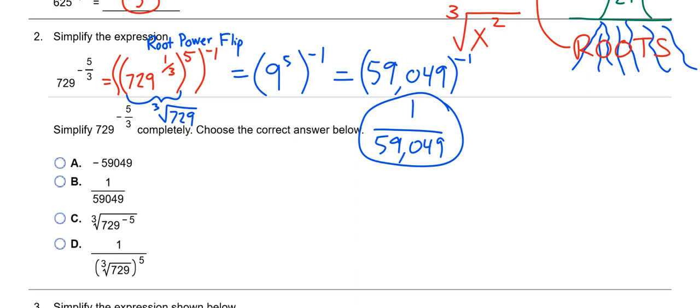I'm going to look and see what you choose. Obviously, everybody's choosing B because that matches the one we just found. I need to see what you get for the other one. Look to see if you can find the other answer. Nice job.